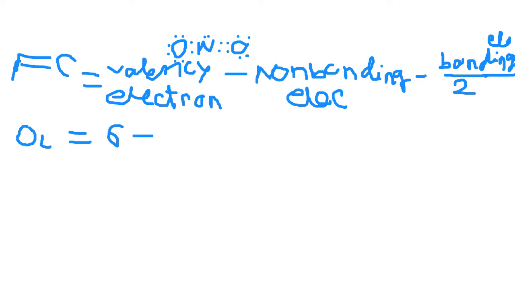So it is still 6, correct? Minus 6. Now minus, how many bonding electrons do we have? We have 2 electrons here, correct? Because this oxygen makes a bond with the nitrogen, and when one bond is made, one line equals 2 electrons. So we will write the 2, divided by 2. This is our rule's calculation.